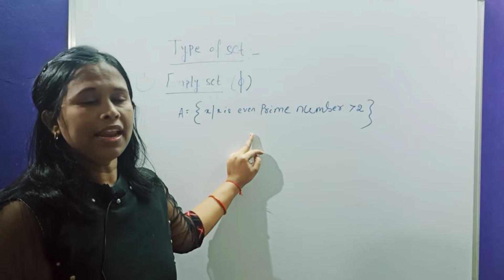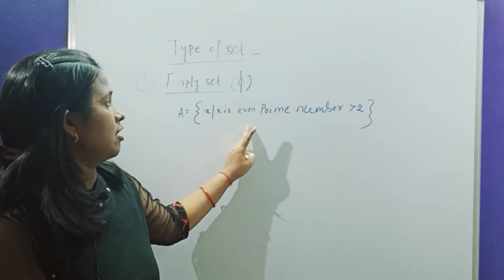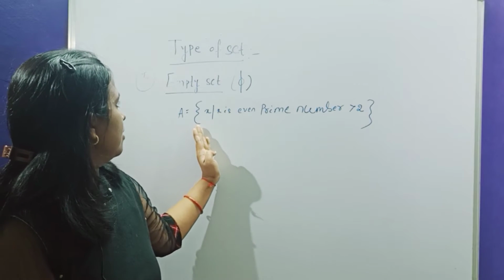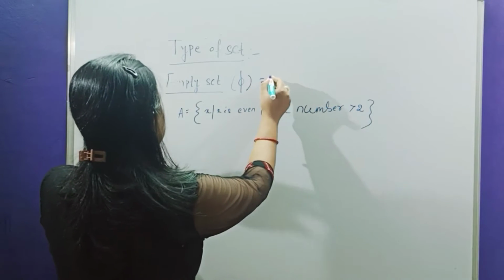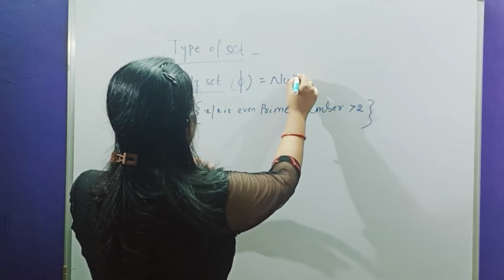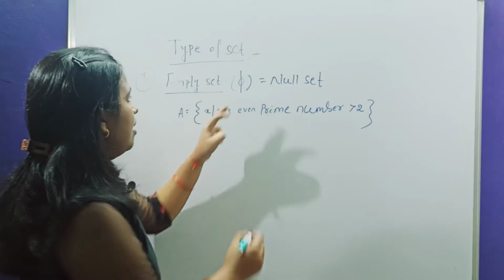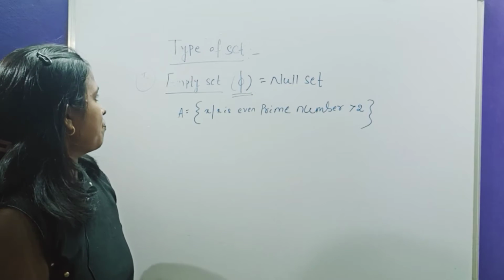You know that there is no such prime number, so there is no element in this set. So it is called an empty set. We also call it the null set, and it is denoted by the symbol ∅.